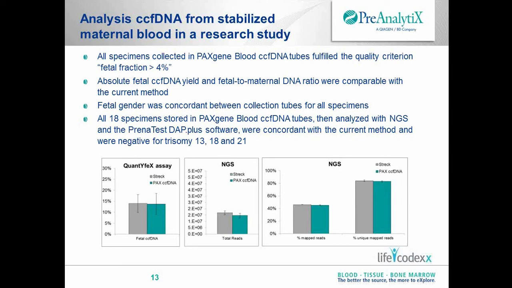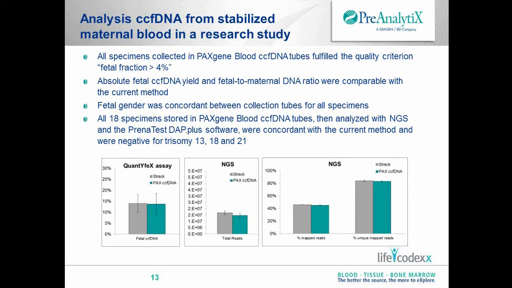and their QC criterion is that this fetal fraction has to be at least 4%. And if you look at the pictures at the bottom of this slide, on the left you see this assay, called quantification. It's a PCR assay, and you see that between the STRAC tubes here in gray and our new tubes in green, there is no difference in the fetal fraction between both plasma types.